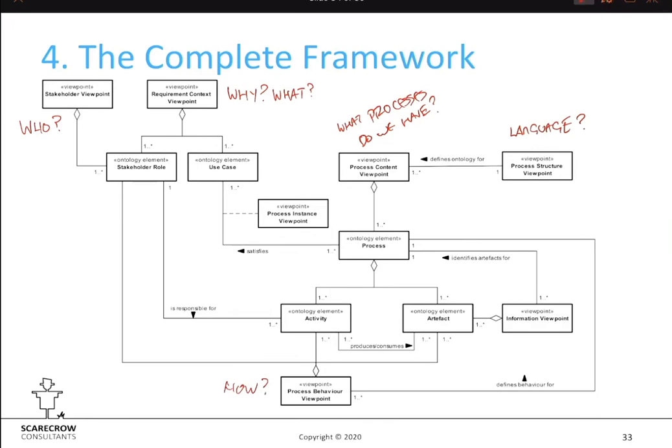So that's about the relationships between artifacts and the structure of the artifacts. And then finally, you've got the process instance viewpoint, and that's essentially the fit for purpose check.